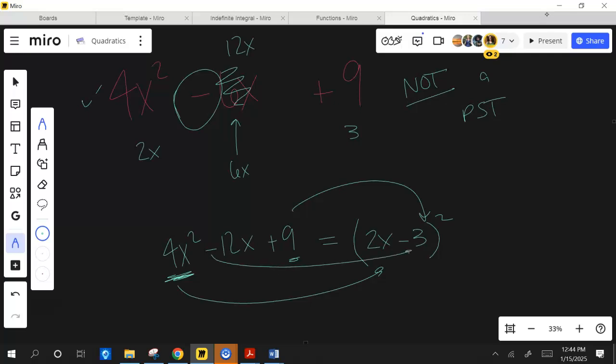And this first sign goes in the middle. That's how it factors. If you expand that, you would get that twice. Okay, I see. And it's plus 9.